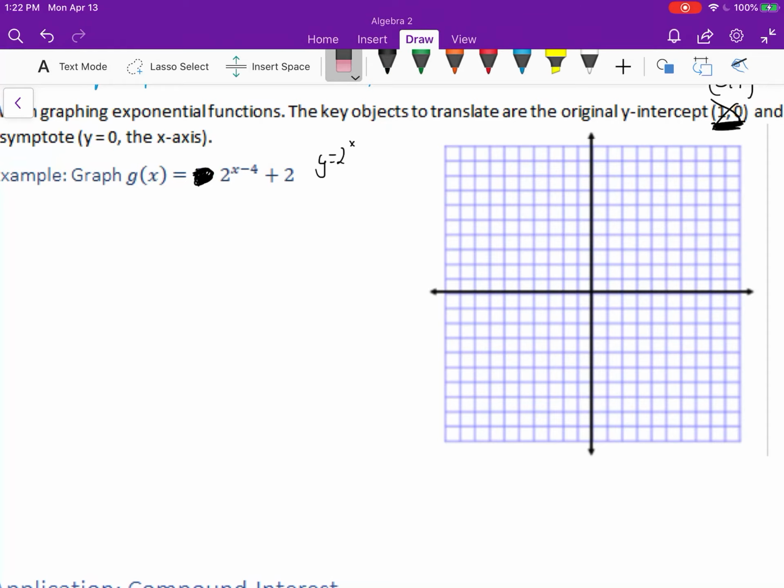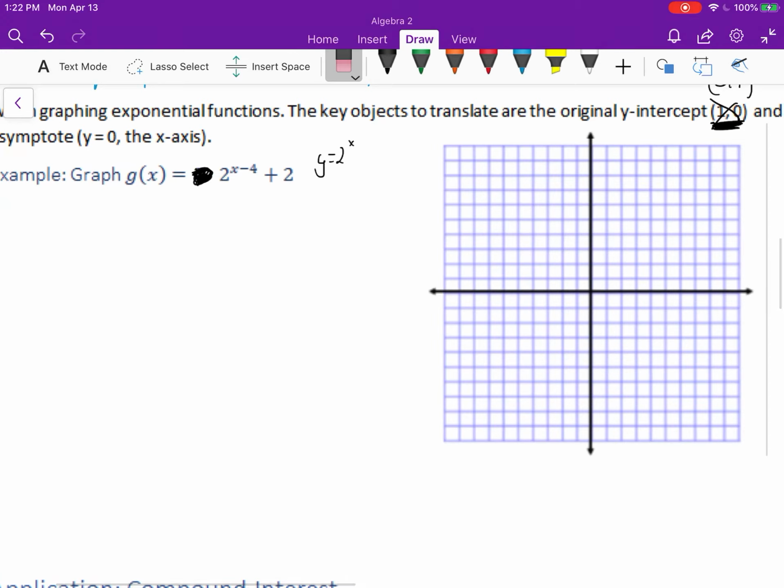In fact, for right now, we're not going to use this times 3 here. We'll save that for another time. So 2 to the x, we actually already graphed 2 to the x. That goes through 0, 1. And then, if you remember, it went through 1, 2, 2, 4.